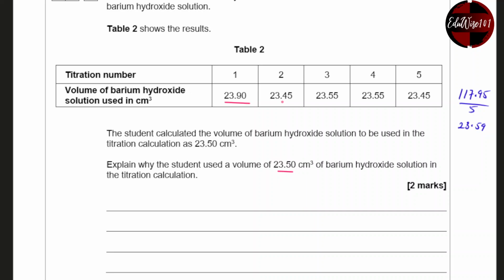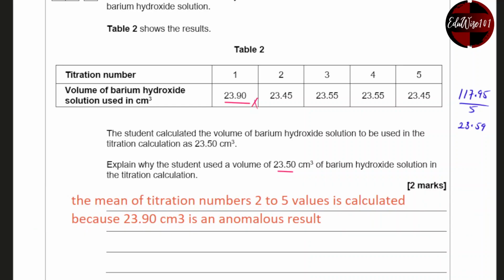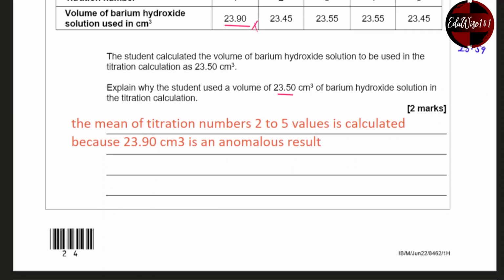Because you can see 23.45 is appearing twice, 23.55 is appearing twice, 23.9 is about 0.5 cm³ more. So they've ignored that value. It's an anomaly. The mean of titration values 2 to 5 is calculated because 23.9 cm³ is an anomalous result.